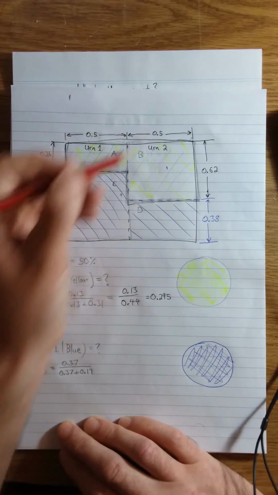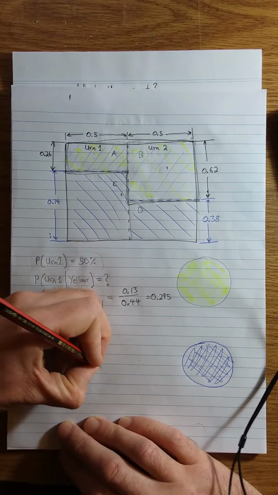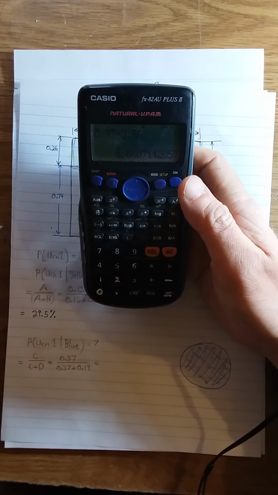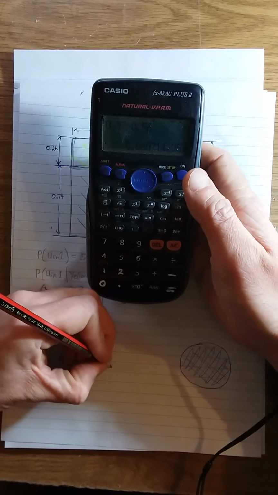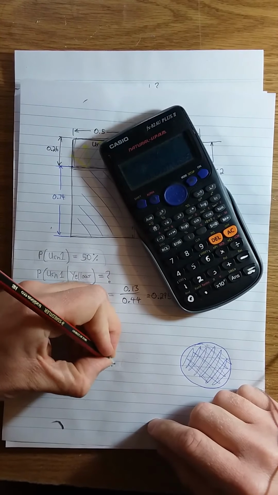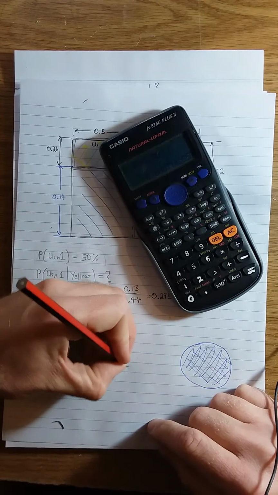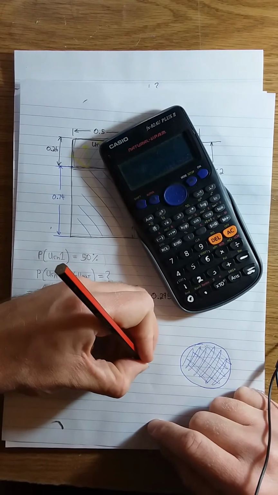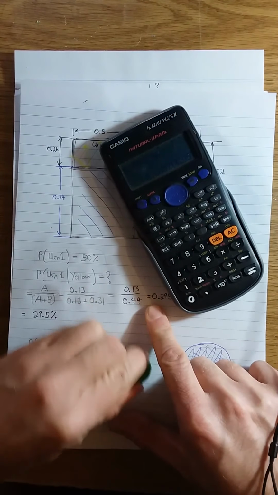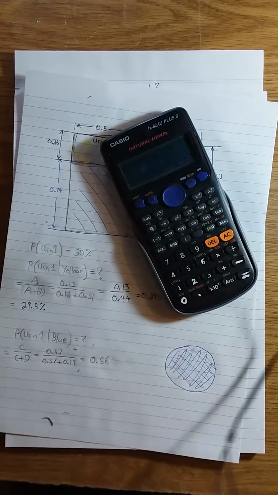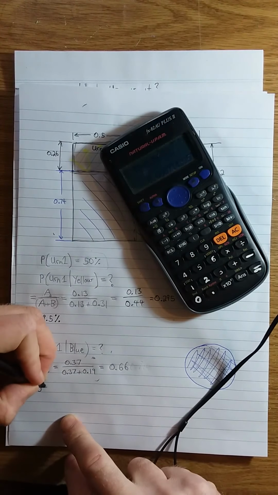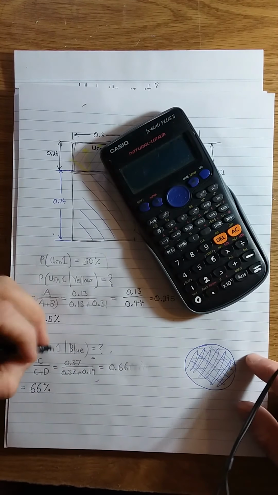That times that, which, let's put it in the calculator, 0.66, 0.714, etc. You can just round it down to just 0.66, which is the same as 66%, which is this.